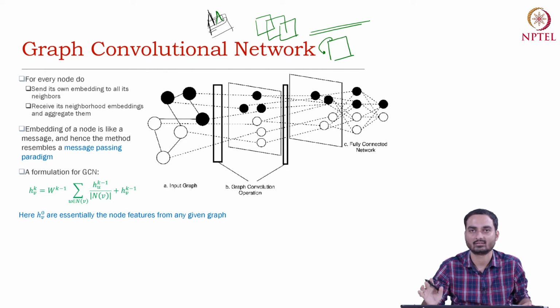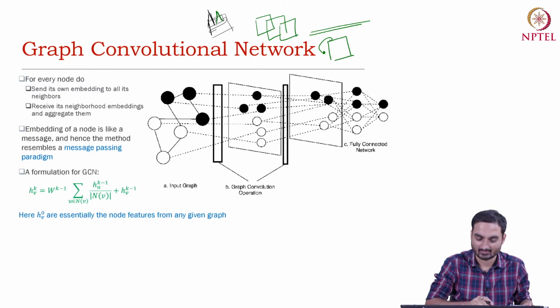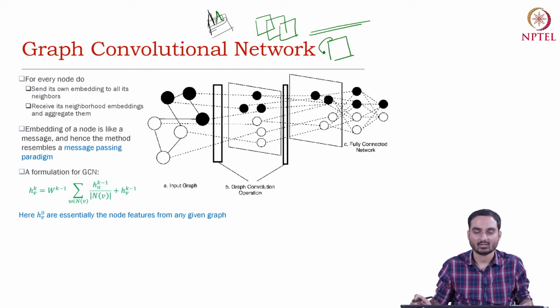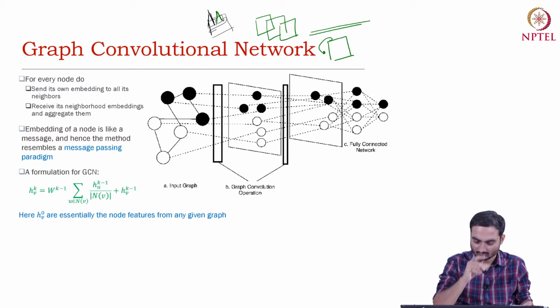Now on a different matrix, if you do the same operation, you may expect different output, but the graph structure remains the same, so you should not get different output. That's the major concern here. That's why the traditional way we use convolutional operations doesn't work in the case of graphs.